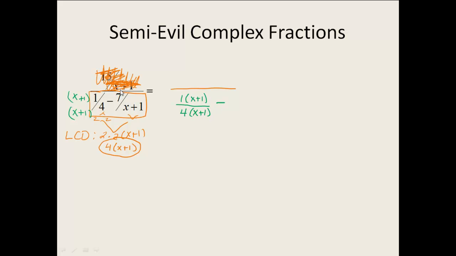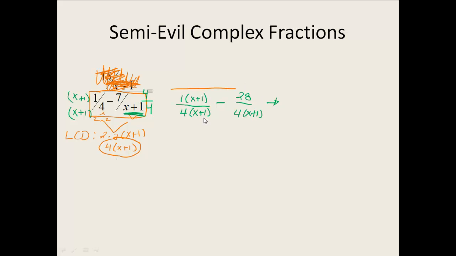Now I need to jump to the second fraction, and I ask myself, what's this denominator missing from my least common denominator? That's a 4. So I need to multiply the top and the bottom by 4. So 7 times 4 gives me 28, and on the bottom I'm left with 4 times x plus 1.